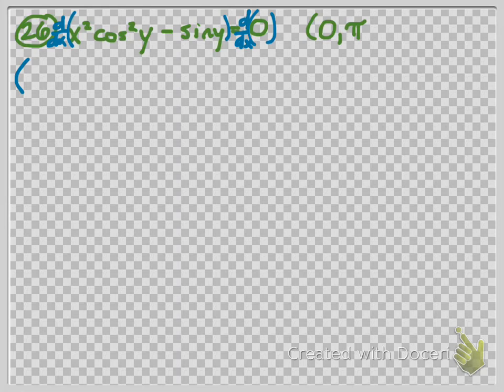All right, so tell me what to write. Okay, I heard 2x first, so that's what we're doing. So we took the derivative of x squared, so what's the next thing I write? Cosine squared y plus x squared. Nope, 2. Nope, cosine y.